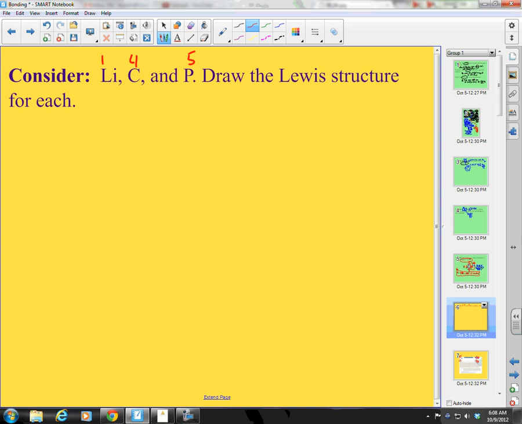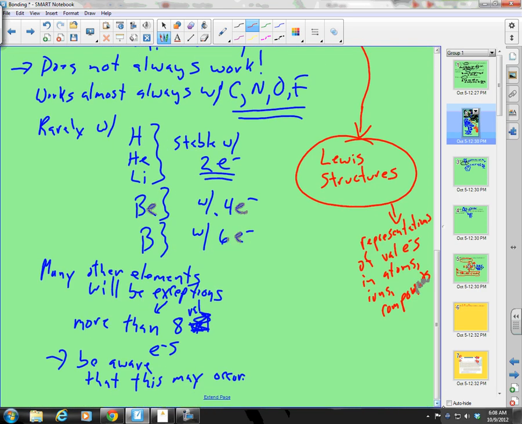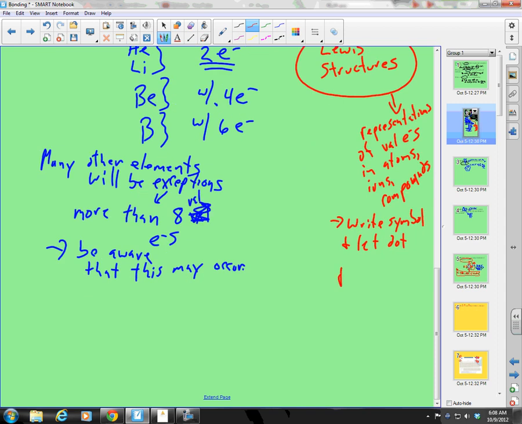Okay, so how are we going to do this? Well, we're going to write the symbol, and then let dots represent valence electrons.